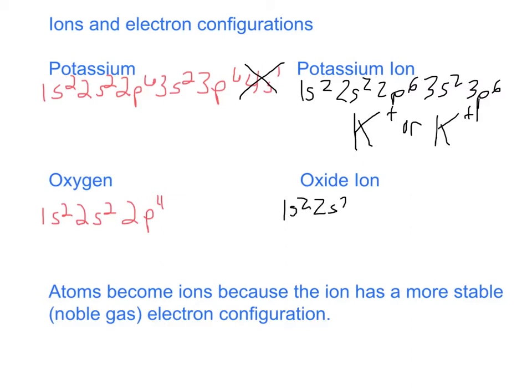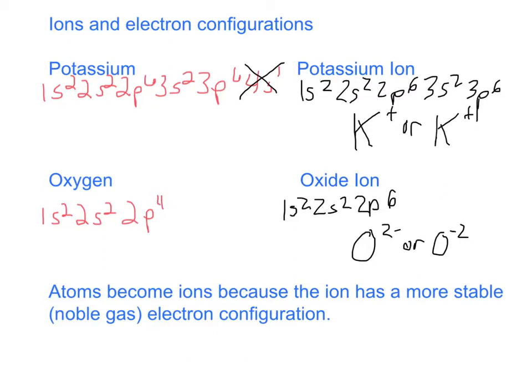So it becomes 1s2, 2s2, 2p6, and that's the difference. Its ion symbol is O2-, or you can write it O-2. It makes no difference. You'll usually see 2- in books.